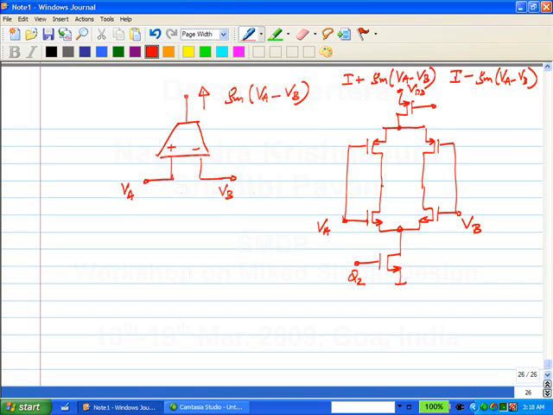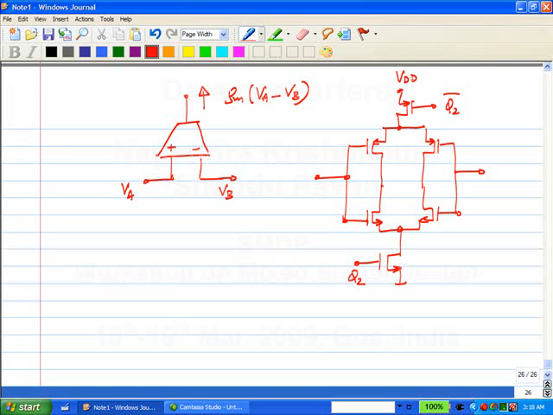Phi 2 bar. Correct? If I can use an NMOS differential pair and a PMOS differential pair, I can put the two together and connect them in parallel, that will still work.